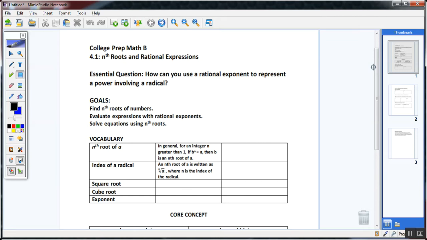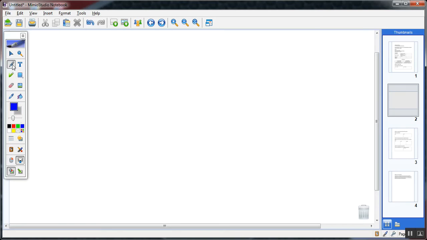Now, here's a question for you. Maybe some prior knowledge. If I ask you this question right here, what would you tell me this answer is? 4. Is 4 my only solution? I could say that this will be plus or minus 4. What kind of root is that, kids? That is a square root, okay?